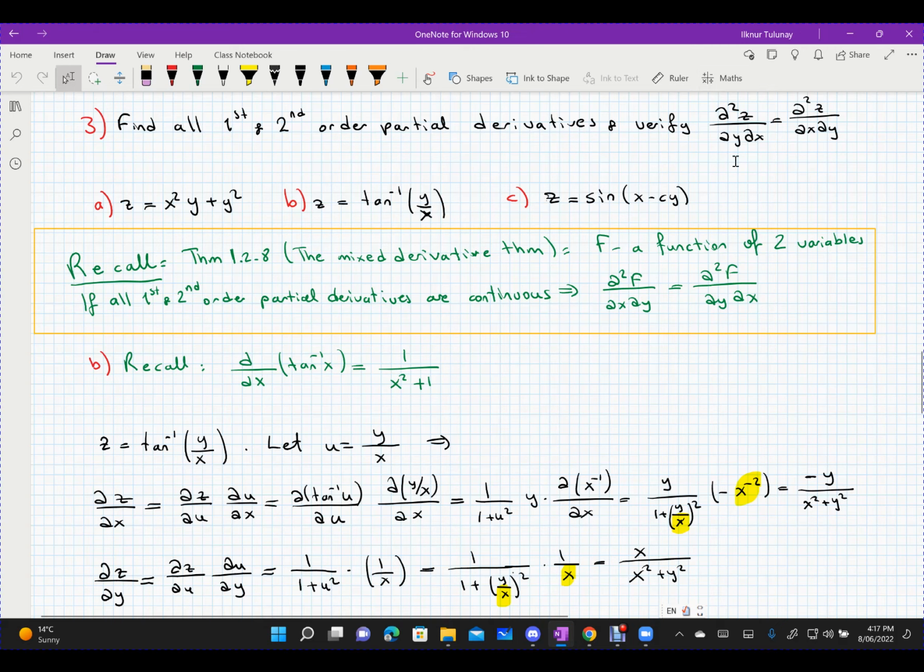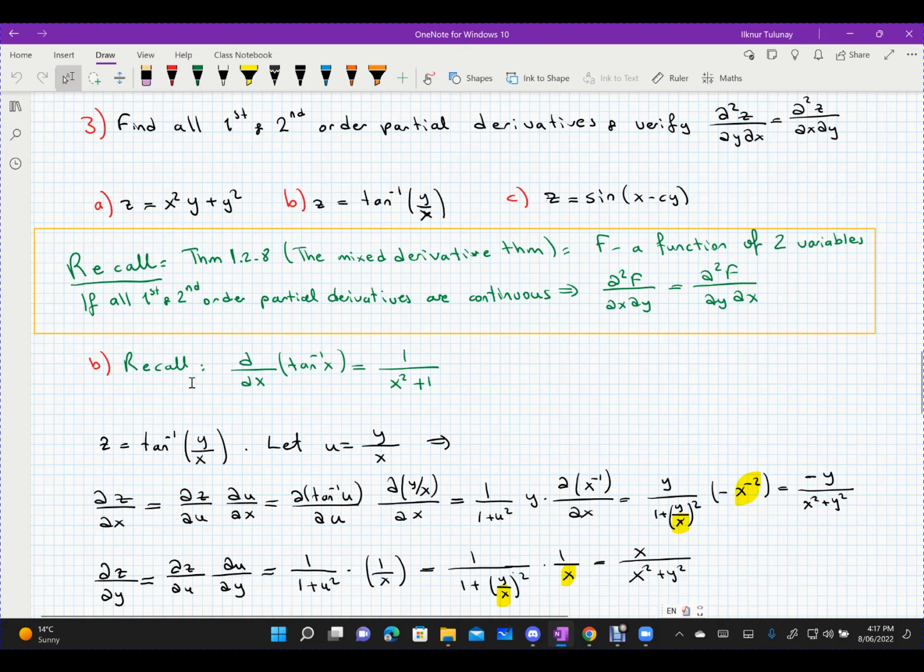When is this true? If we have a function in two variables over the real numbers, and if all first and second partial derivatives are continuous, then we have this equality. Otherwise, this equality is not satisfied in general. So I just would like to remind you about this fact.